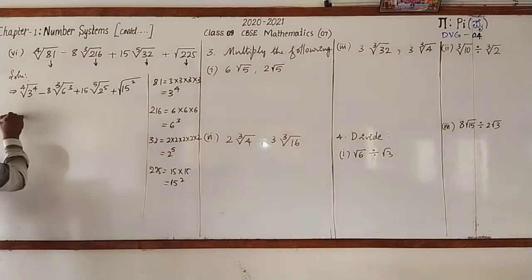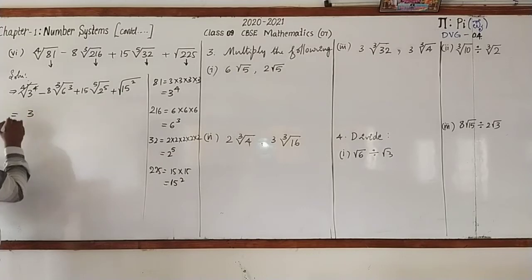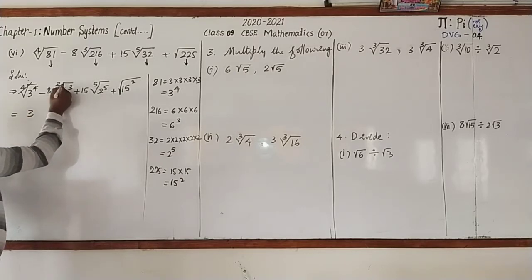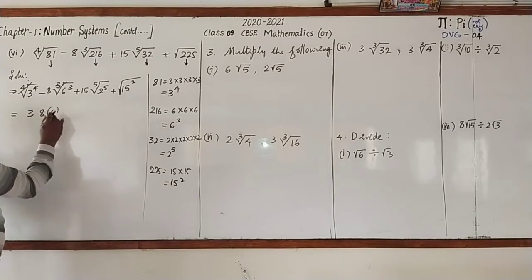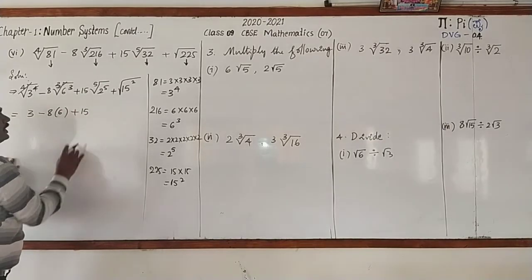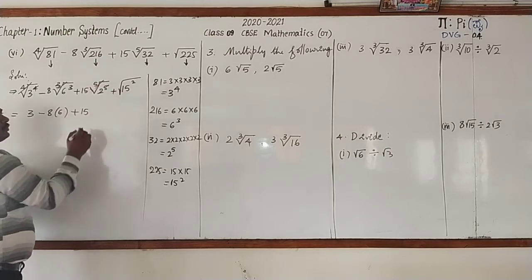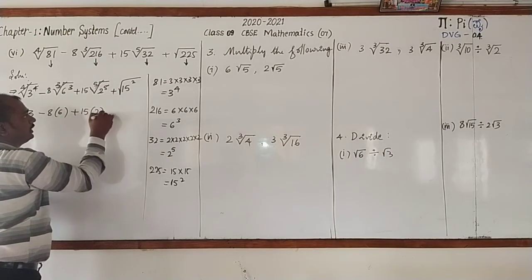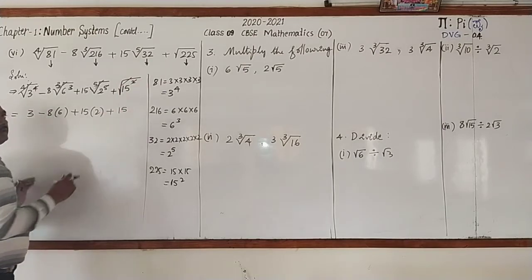Now see that power 4 and 4th root get cancelled, 3 will remain. Power 3 and cube root get cancelled, so 6 will remain. Minus 8 into 6, plus 15 as it is. Power 5 and 5th root get cancelled, 2 will remain. Plus square and root get cancelled, 15 will remain.